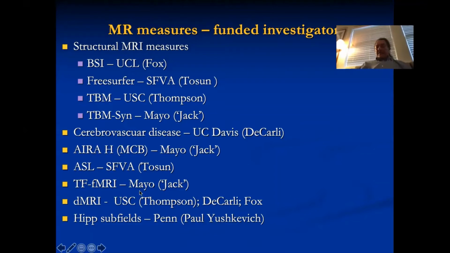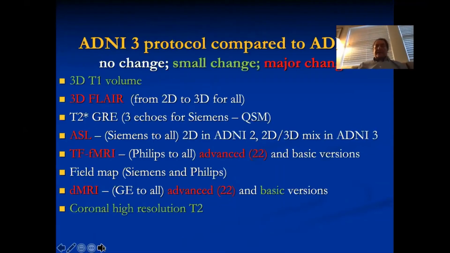So each of these groups has put up literally thousands of measurements of each of these types of scans. But if you are a laboratory that's into imaging, you can download the raw data and you can use your own methods or any method you want to analyze the data. And this just makes the point that none of these protocols have been fixed.